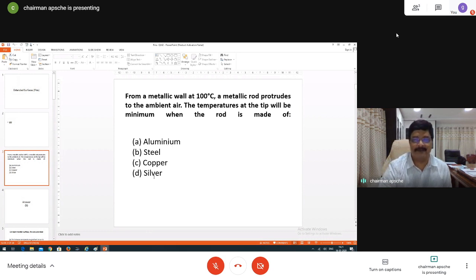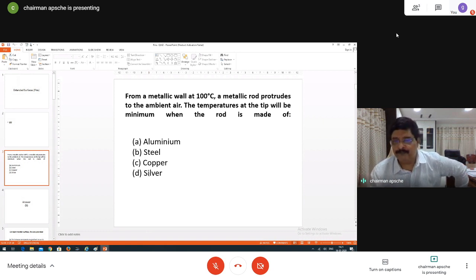You need to know the thermal conductivities, because if the fin has very high thermal conductivity, the entire fin will be at the temperature of the base, meaning even at the tip. When thermal conductivity decreases, the gradient definitely increases.